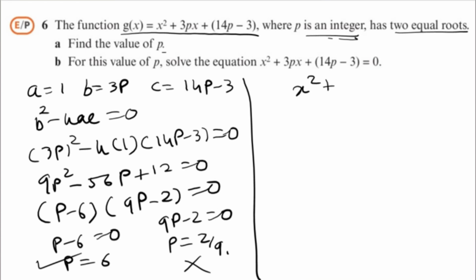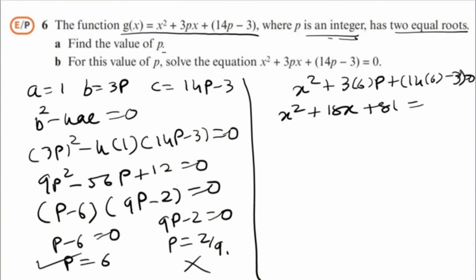So x squared plus 3 into 6p plus 14 into 6 minus 3 equal to 0. So x squared plus 18x plus 81 equal to 0.